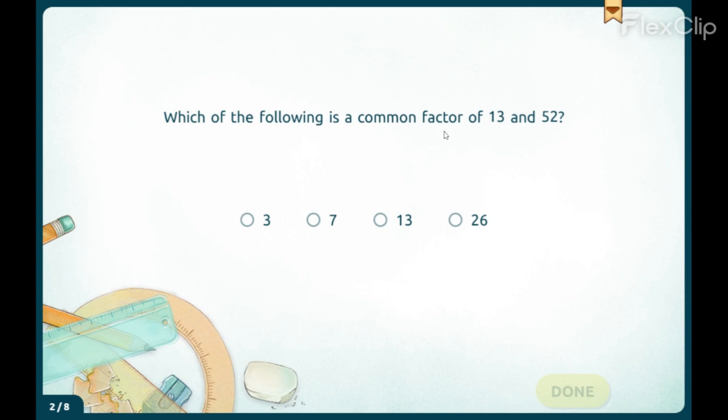That's why the common factor of 13 and 52 is 13 and 26. Can we use 26? No way. 13 is way less than 26. If we multiply it, yes, we'll get to 26. But 13 and 52 have only one common factor, that is, right, 13.